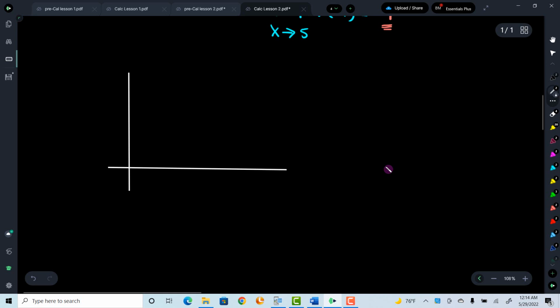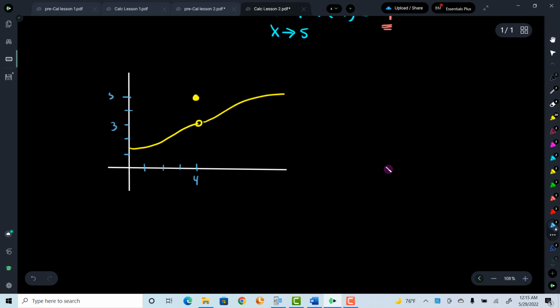Let's look at another function. This one's going to be similar, right? Here I've got a point where it's undefined. Okay. So let's look at this function. What is happening here? So let's say 1, 2, 3, 4. So that's 4. And we're going to do 1, 2, 3, 4, 5. Okay.